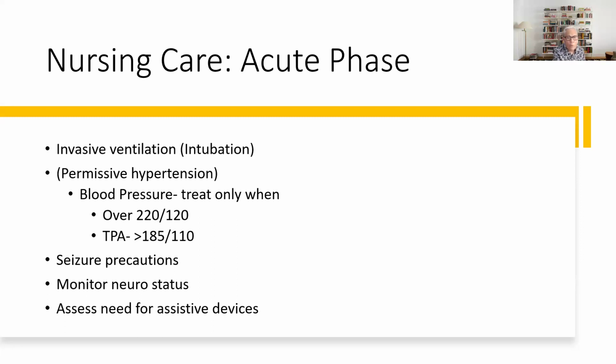Now, one thing that we need to talk about is permissive hypertension. And I think I talked about that yesterday, that in patients who have had a stroke, we allow for higher blood pressures. And the reason for that is to maintain tissue perfusion. And I think I illustrated that yesterday. If this is brain tissue and this is a blood vessel, normally it would be something like this.